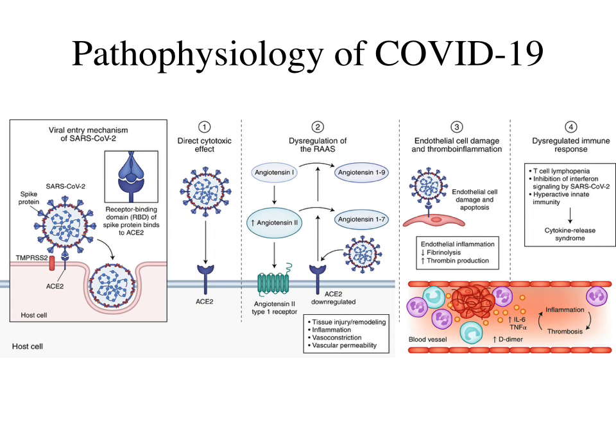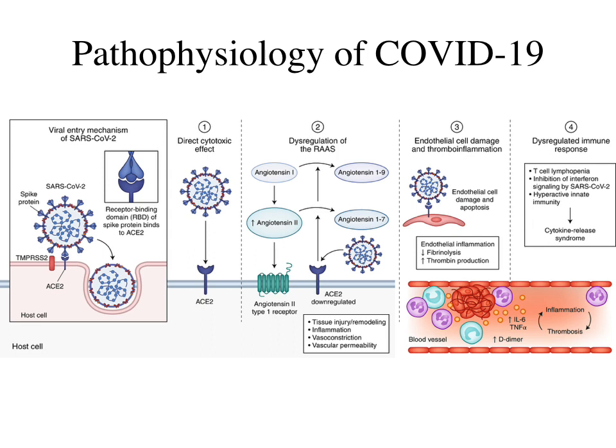SARS-CoV-2 enters host cells through the interaction of its spike protein with the entry receptor ACE2 in the presence of TMPRSS2 as a co-receptor. Proposed mechanisms for COVID-19 pathology include, first, direct virus-mediated cell damage. Secondly, dysregulation of the renin-angiotensin-aldosterone system, or RAS. The RAS is a hormone system within the body that is essential for the regulation of blood pressure and fluid balance.